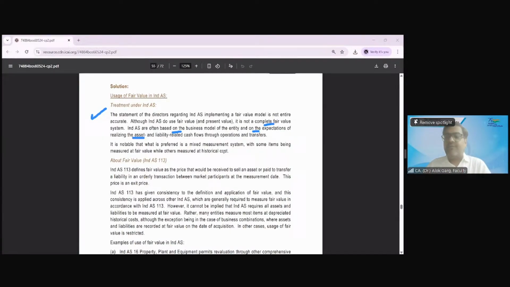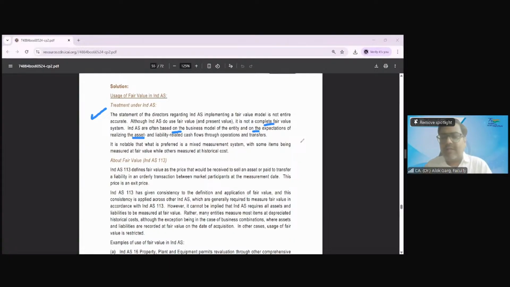Okay. So friends, to cut a long story short, a very technical answer is given. You should write that the opinion of the director that Ind AS is not providing the fair value is not correct. Second, the company is following a mixed measurement model.